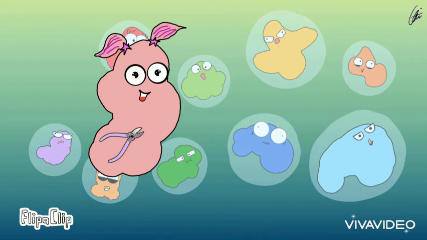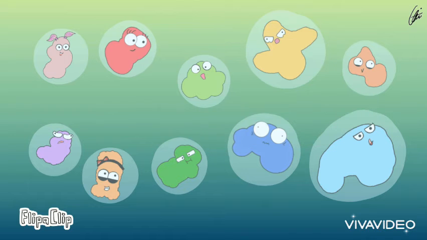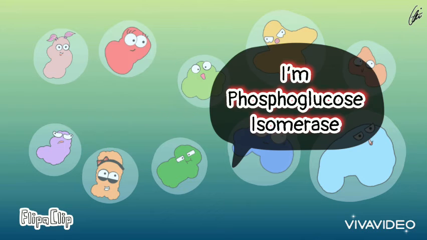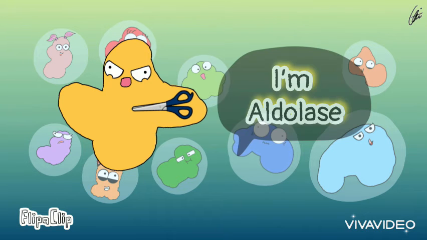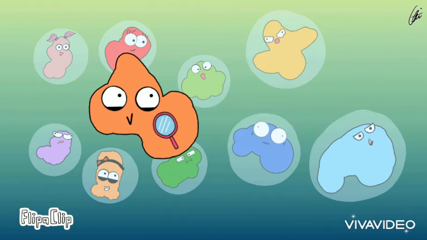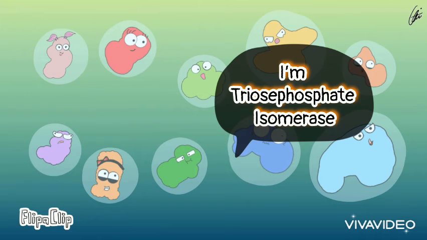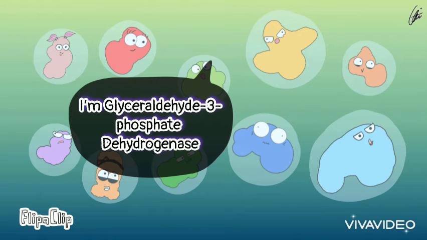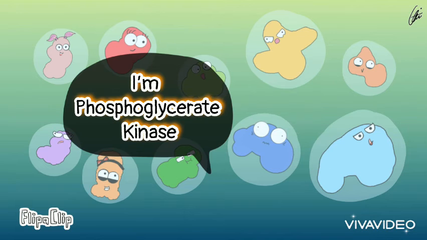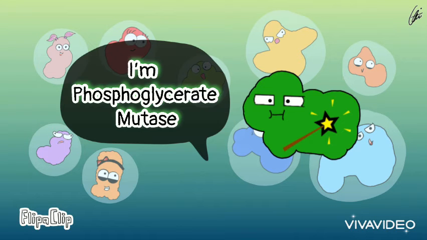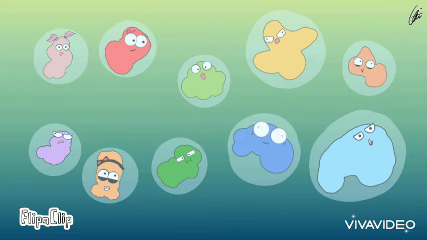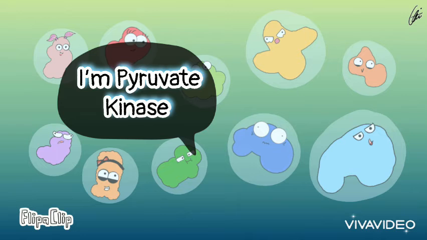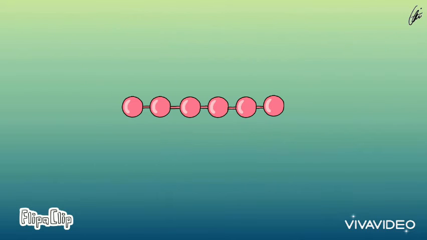These are the 10 enzymes involved in glycolysis: hexokinase, phosphoglucose isomerase, phosphofructokinase, aldolase, triose phosphate isomerase, GAPDH, phosphoglycerate kinase, phosphoglycerate mutase, enolase, and pyruvate kinase. They're cute, isn't it?